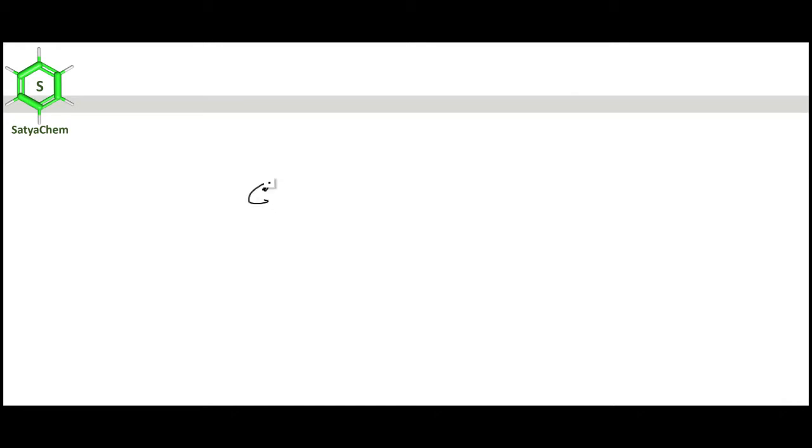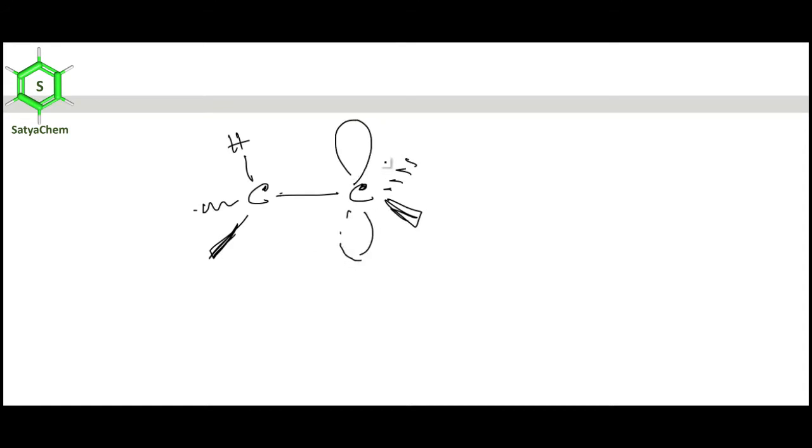So this is the saturated carbon. Now this is attached to an unsaturated system containing a p orbital. It is vacant, that is why I am putting a positive charge on this p orbital.